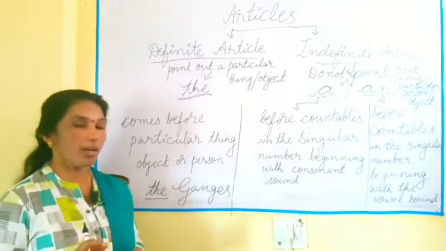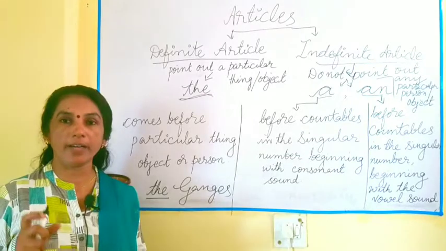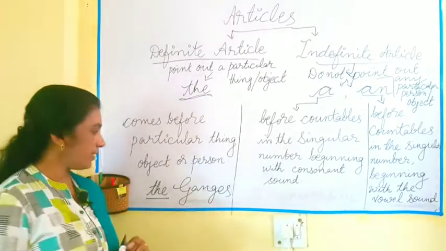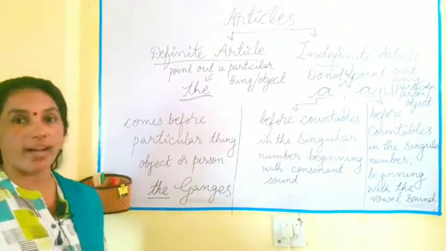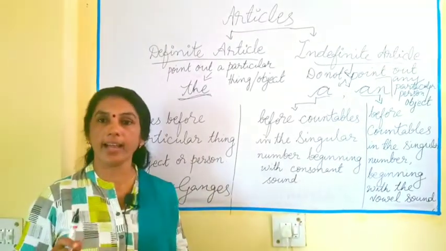So, to show a particular thing or particular noun, we use the, that is definite article, and the indefinite articles are a and an.